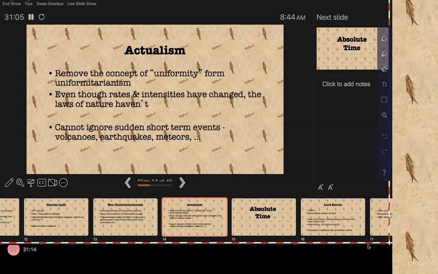All right, the next slide is switching over to absolute time, which is the numbers stuff. And as I said, there was an argument for me to do the stratigraphy first. I know these definitions are in the stratigraphy lecture. So I might just leave this one alone in retrospect, even though I said I'm going to go into my office hours and rewrite it.